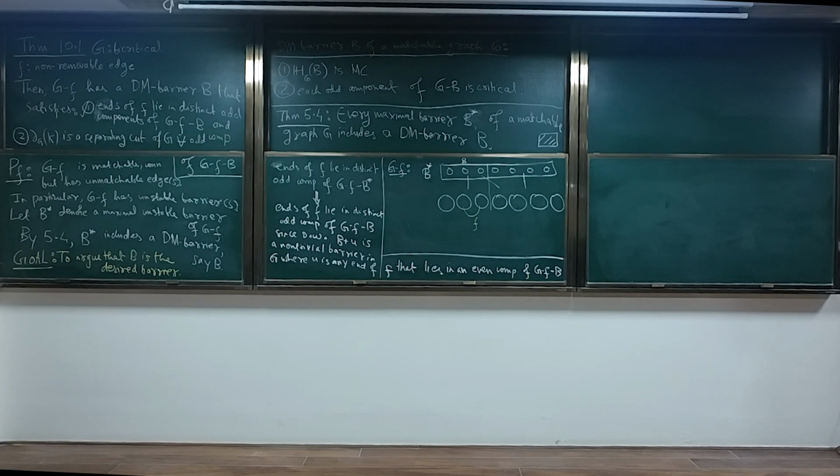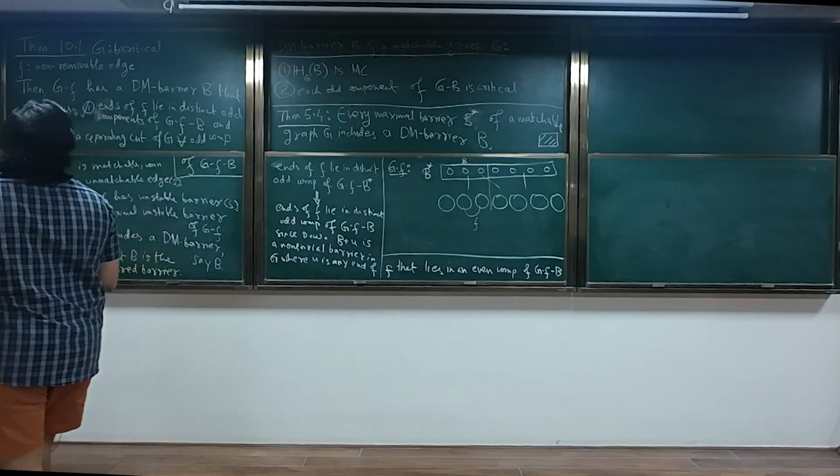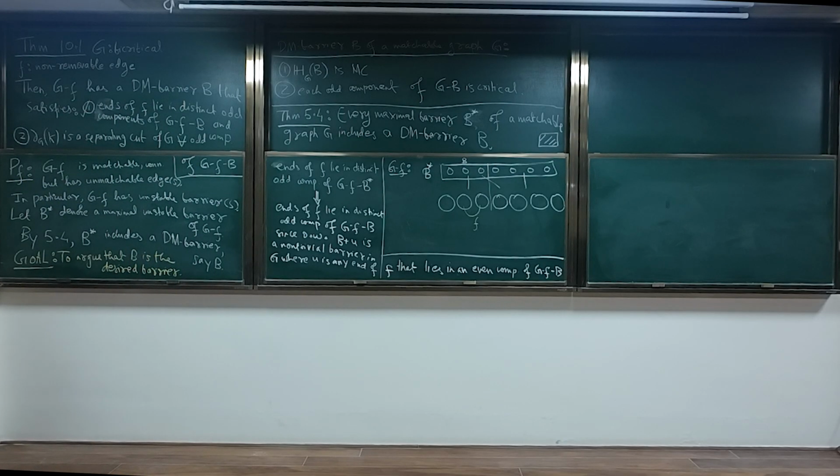Just a minor point. I think it seems like the first property holds true for every DM barrier. The first property, that for every DM barrier, the edge F. Give me a second. Where are we using the DM property?